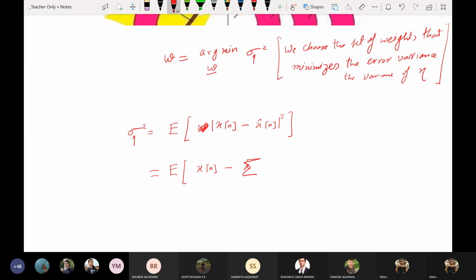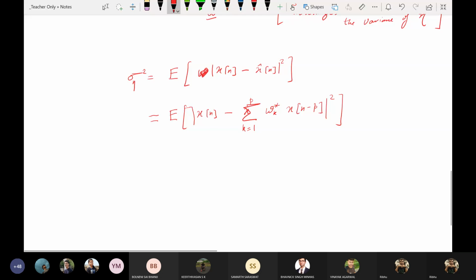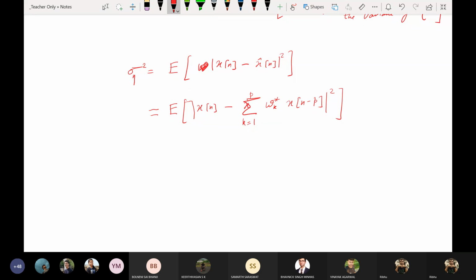I'll use the vector notation later because that becomes confusing. I will derive everything in the vector notation as well, but let's first do it in terms of the summation. We get this beast from yesterday.